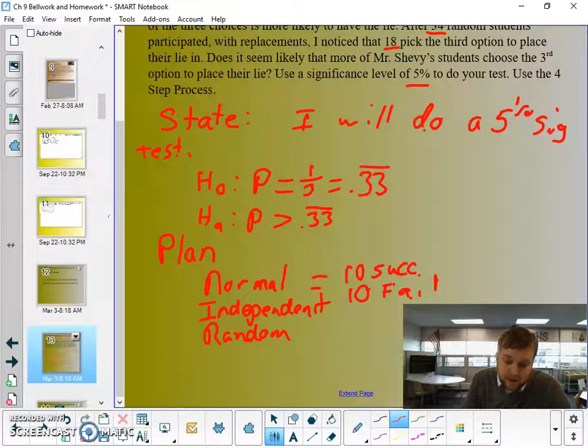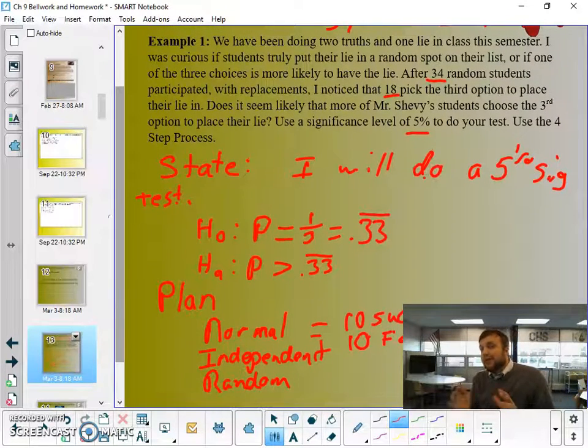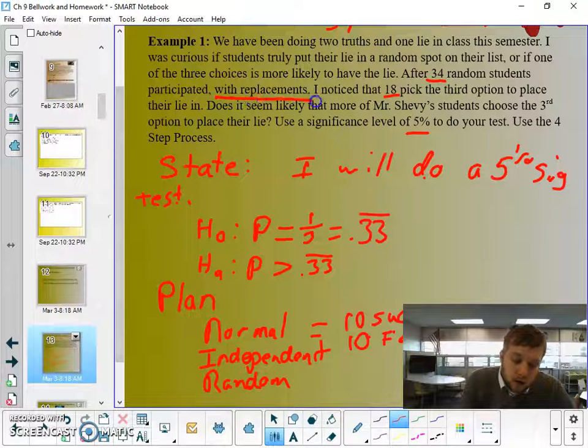All right, now my independence test. Here's the key. I actually don't even need to check the 10% of the population, because in the statement I say participants were replaced. That means I could have had the same person do it twice. I might even have had one person do two truths and a lie three times, right?